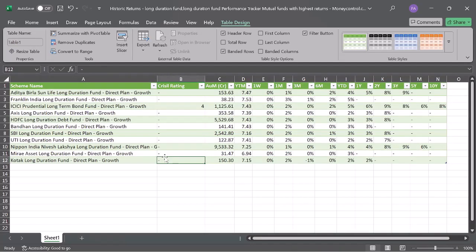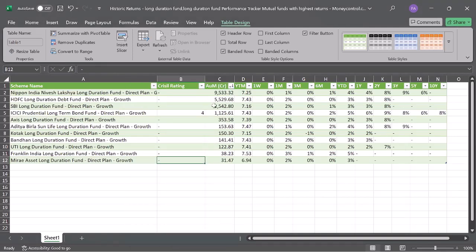Fine. So let's sort it out on the basis of the largest fund. So which is the biggest fund? Nippon India. And what is the total money which has been invested in this fund? 9,533 crores. And what is the yield return, YTM? 7.25%.